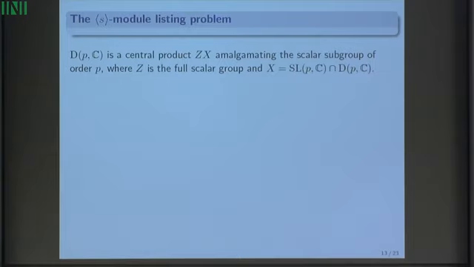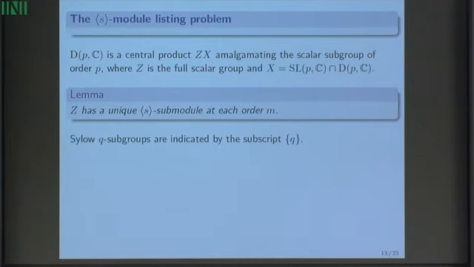So what we're going to do is describe the submodule structure for each of these factors, Z and X, and then combine that information to work out all of the submodules of the central product, or the direct product once we factor out by the scalar of order p.